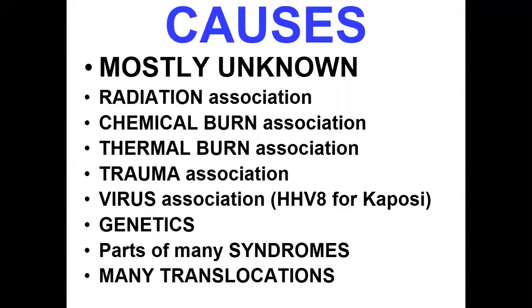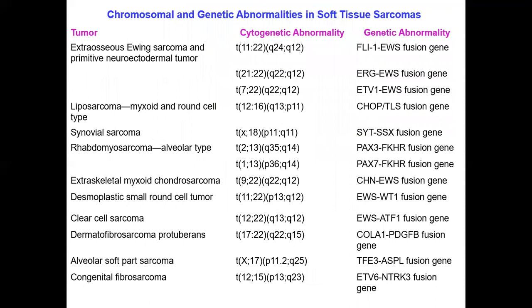Then there are different genetics which are important, and sometimes sarcomas are parts of many syndromes. And there are many chromosomal translocations. As we will see, most of the sarcomas are associated with different chromosomal translocations.